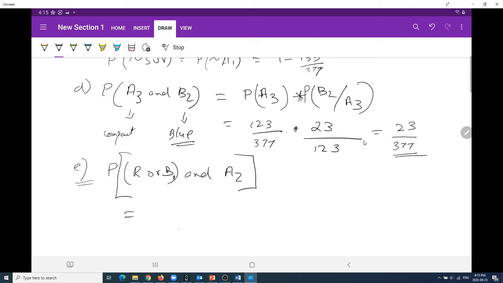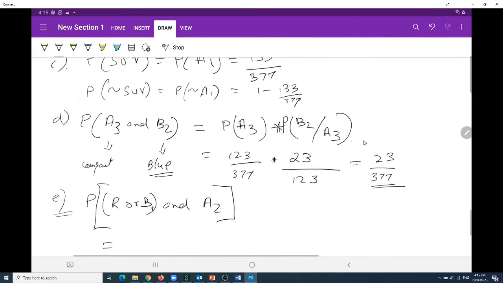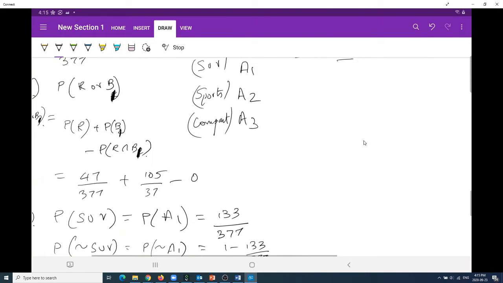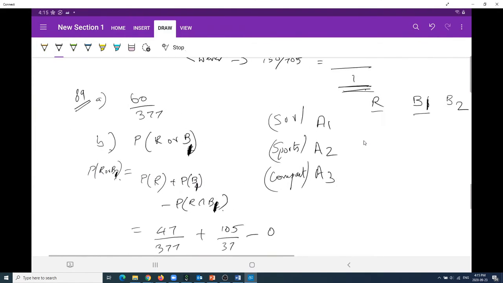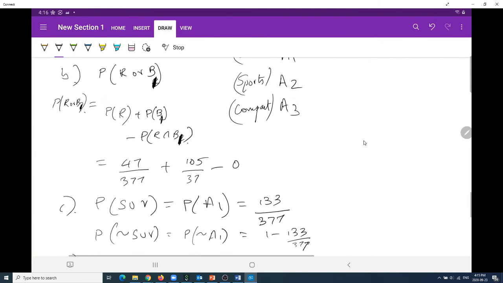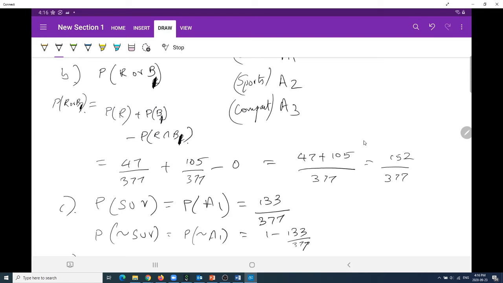So it's starting to get a little tricky here. What's the probability that the car is red or black? We computed that before. That's the answer to part B, which is 47 plus 105 divided by 377, and that is 152 divided by 377.